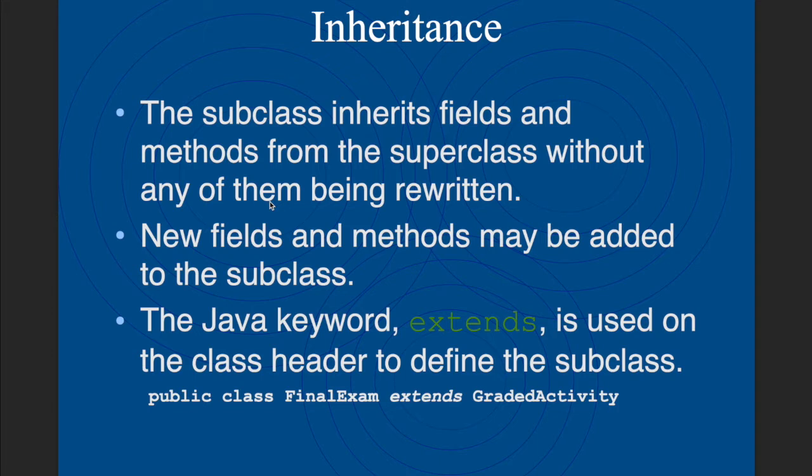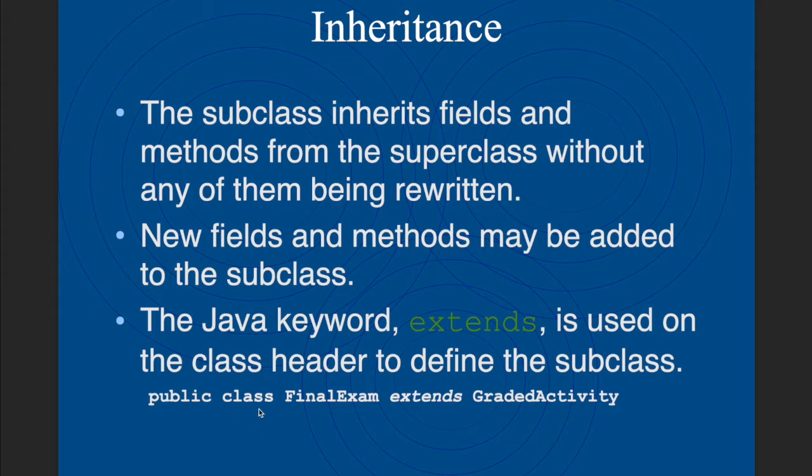New fields and methods may be added to the subclass. So subclasses are children, like children classes. And if you have something specific which is not true for both of them, which we cannot generalize, we will write it in subclasses. The Java keyword extends is used on the class header to define the subclass.